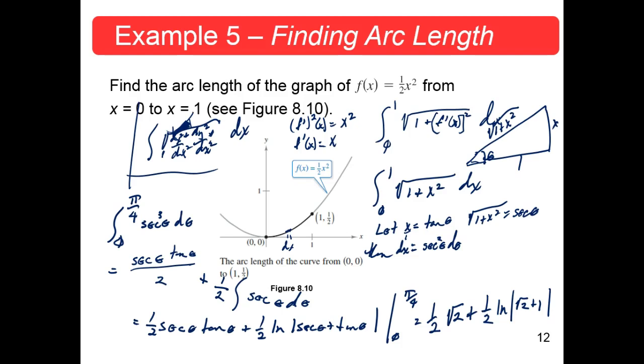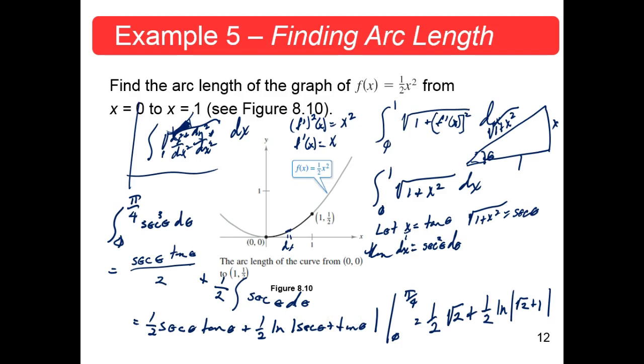We have to evaluate at 0. You're so used to saying 0 is going to be 0, so let's verify it is. Secant of 0 is not 0, but tangent of 0 is. Secant of 0 is 1, and tangent of 0 is 0. But the log of 1 is 0.